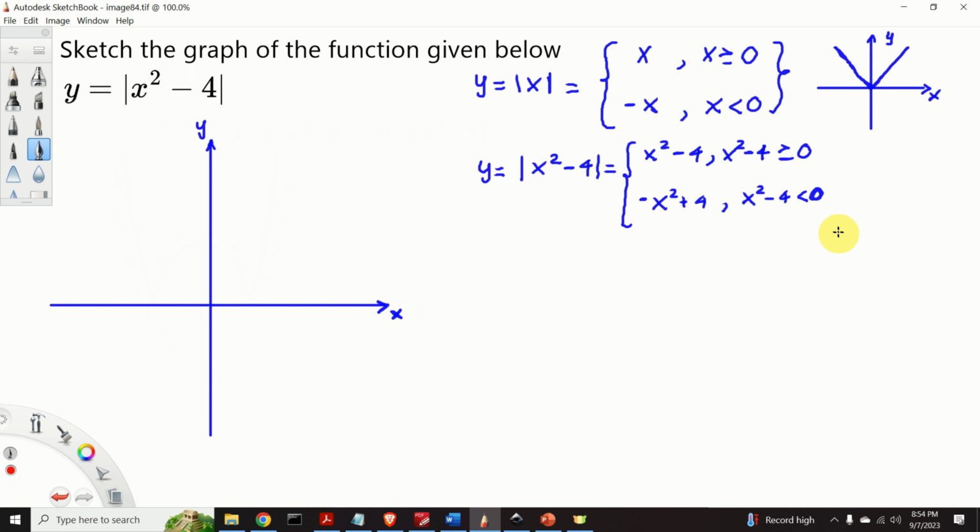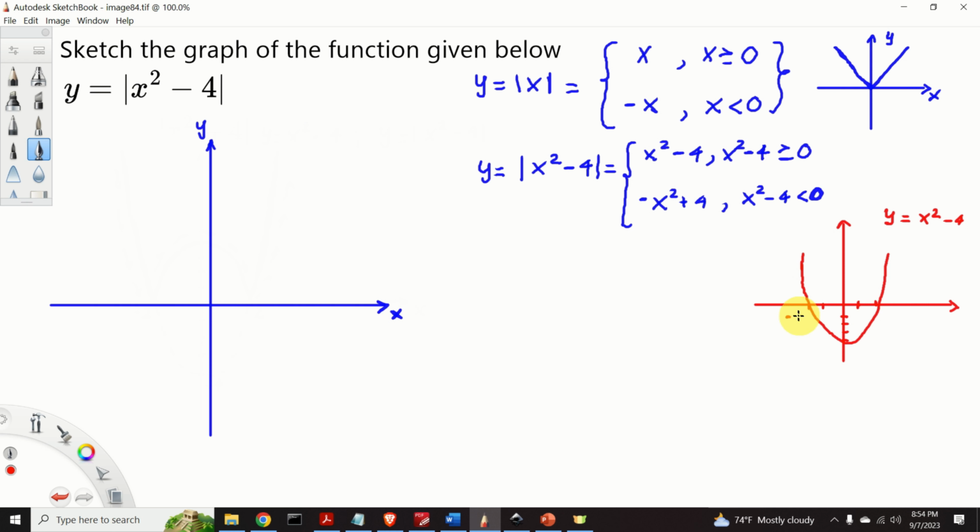Let's sketch a graph over here. Our function y is equal to x squared minus 4 looks like this. Here it is.